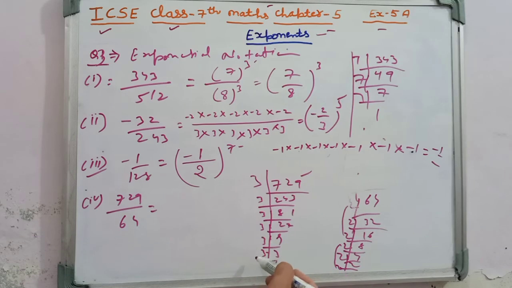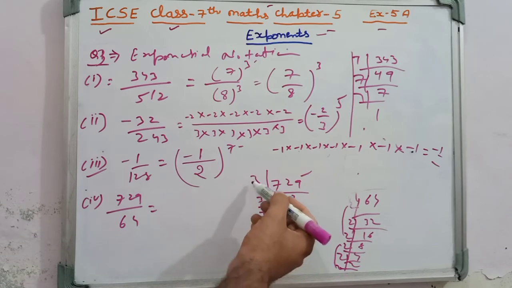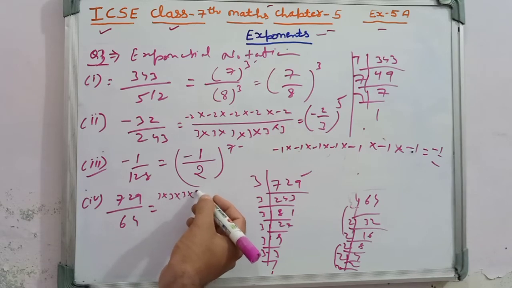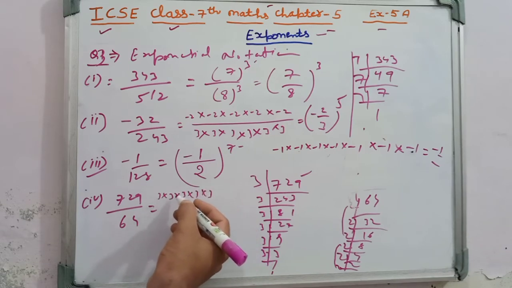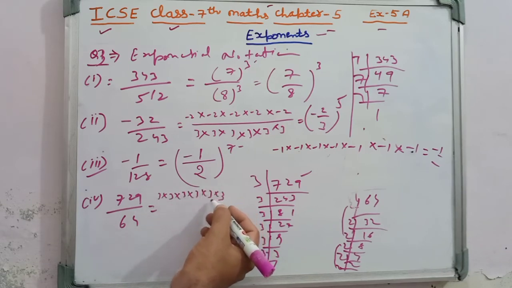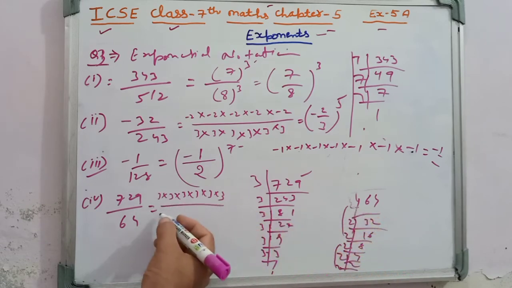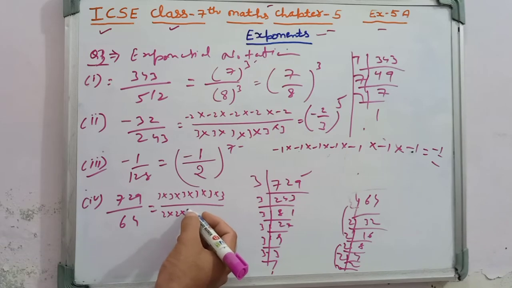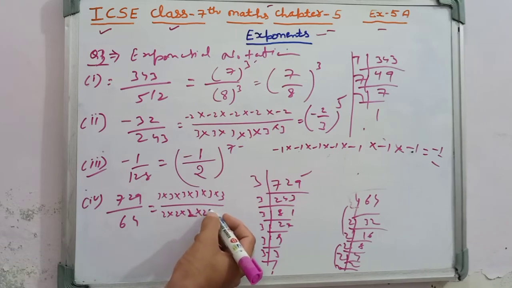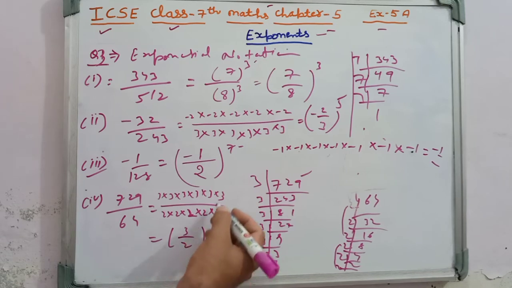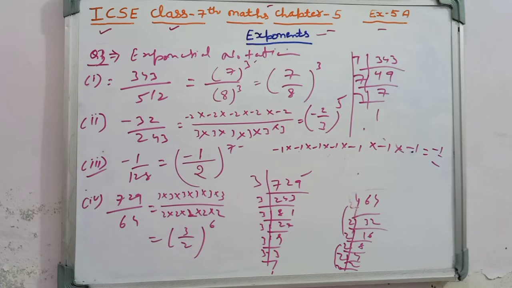So how many times 3? 1 2 3 4 5 6. 3 multiplied 6 times. How many times 2? 1 2 3 4 5 6. 2 multiplied 6 times. So 3 upon 2, both having 6 powers, so we can write it.